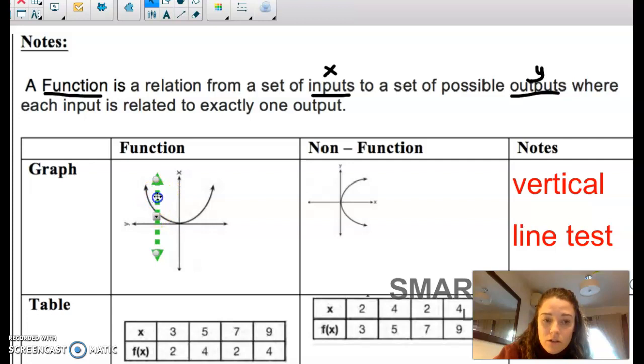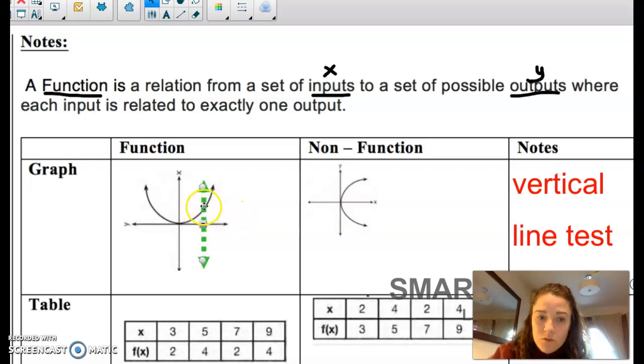If I slide this line all the way through, you should be looking at this and being like, that's a parabola, that's a quadratic function. I remember that. As I move my vertical line to any point on this graph, it's only ever hitting one point at a time.